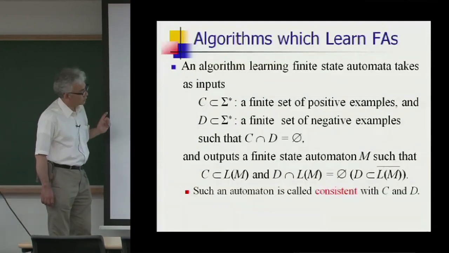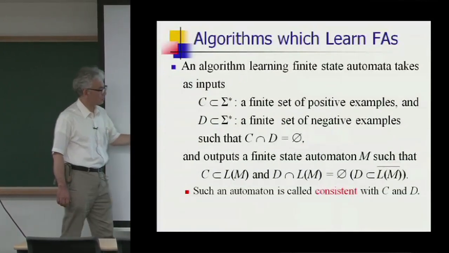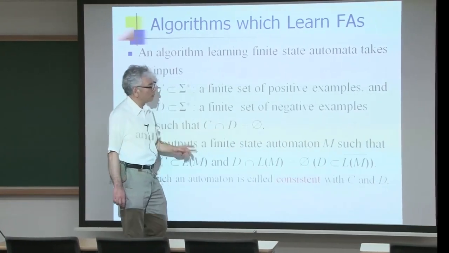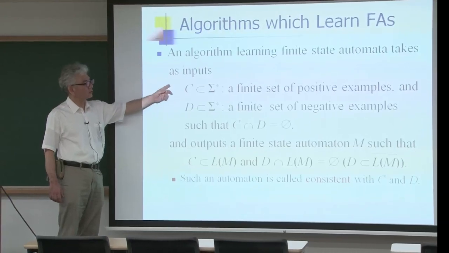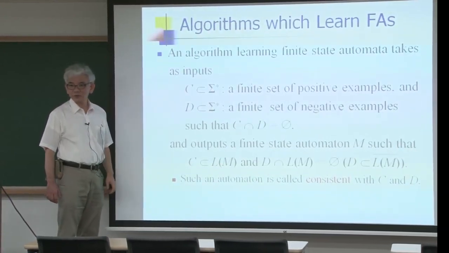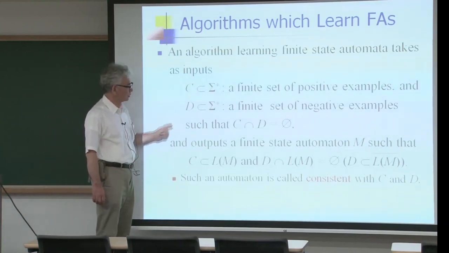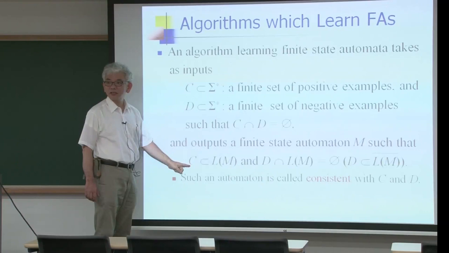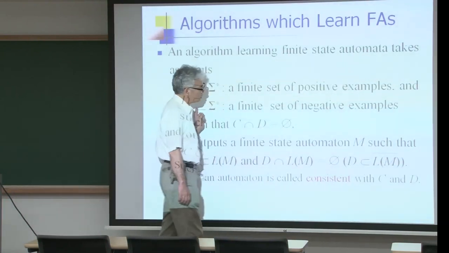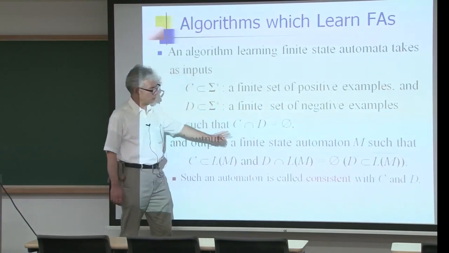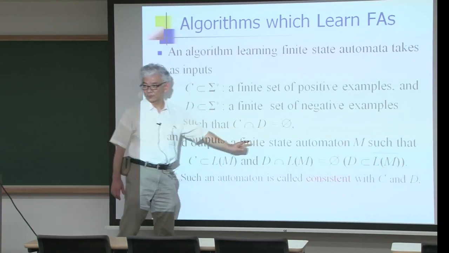And the requirement to the algorithm is to output a finite state automaton M such that it is consistent with these two sets of examples. This consistent means that all of the positive examples are accepted by the automaton, and none of the negative examples is accepted by the automaton.